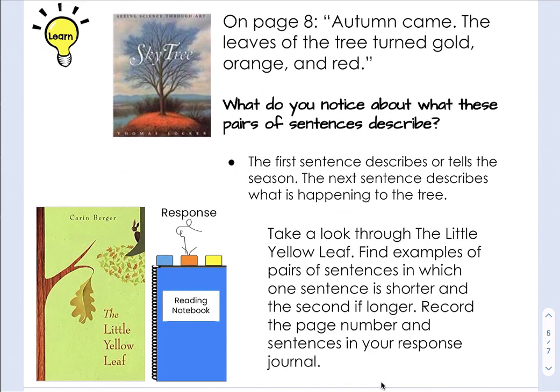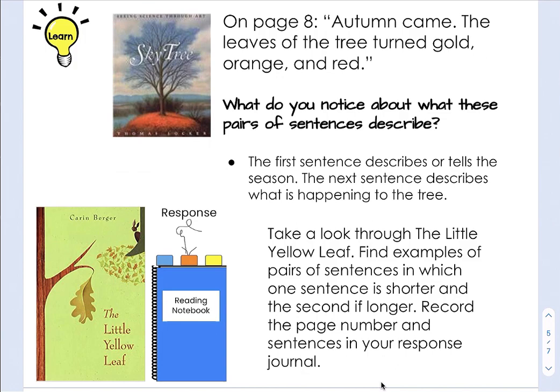On page 8 of Skytree, so find page 8, we have the passage where it says, Autumn came. The leaves of the tree turned gold, orange, and red. What do you notice about these pairs of sentences and what they describe? Autumn came. The leaves of the tree turned gold, orange, and red.